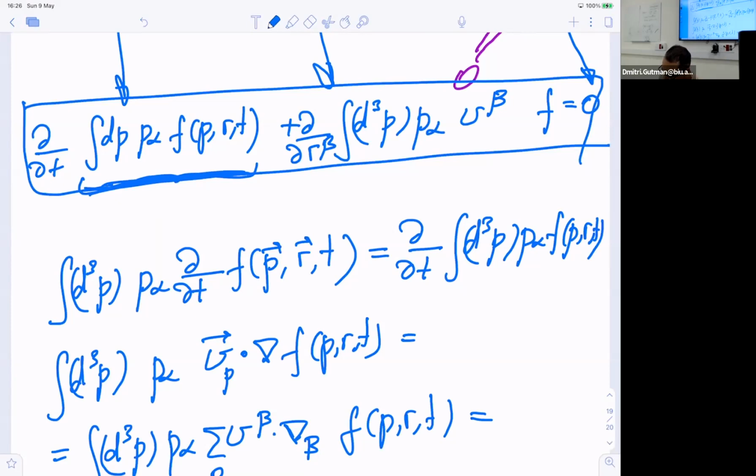Now, coming back, let us examine closely the first term. We have seen this term before, and we gave it a name. Momentum density? It has two names actually: momentum density, and also particle current.